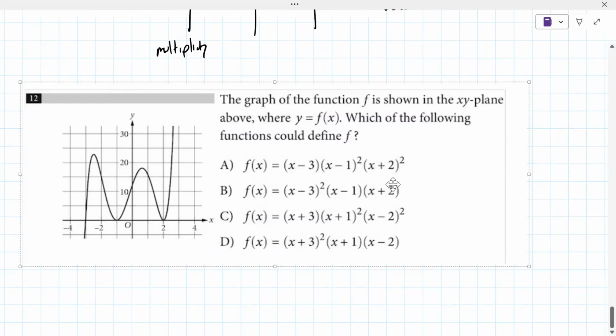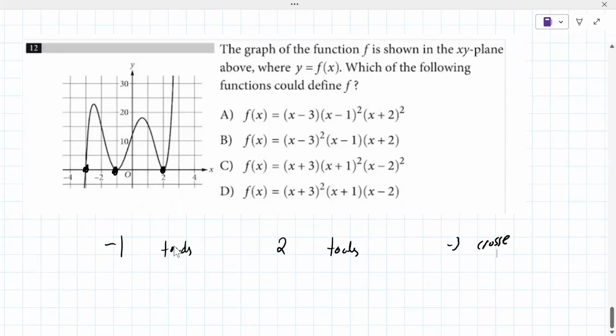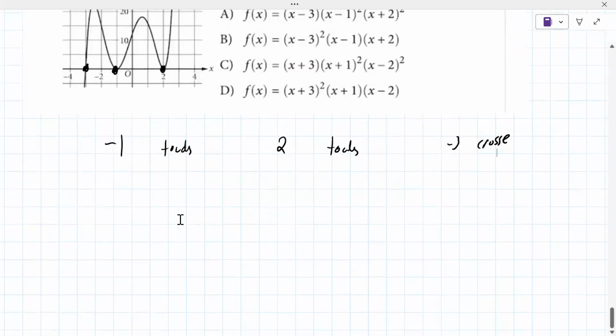Well, there's a bunch of ways you can do this. The zeros here where it touches: at -1, it touches. At 2, it touches, and at -3, it crosses. I don't know why I did them out of order. Probably because I'm tired. But this is x plus 1 to the power of 2.